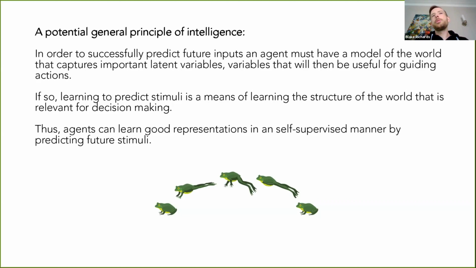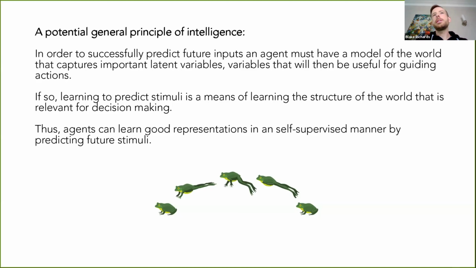This general principle is the idea that one of the ways in which you can learn a good representation of the environment in order to mediate decision-making and behavior and all the important things you have to do is to learn a model of the world by predicting the next set of sensory inputs you're going to receive based on the past set of sensory inputs you've received.